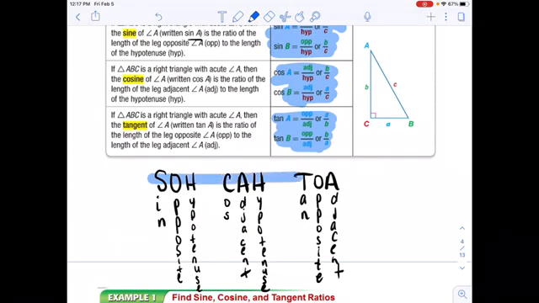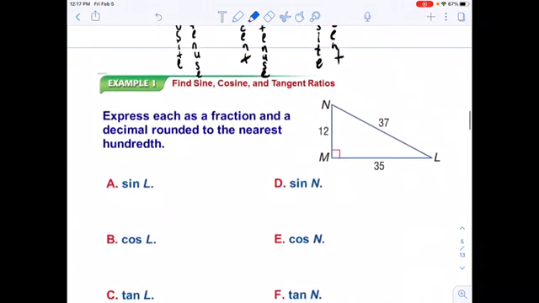So if you can remember SOHCAHTOA, then you know how to set up your ratios, okay?